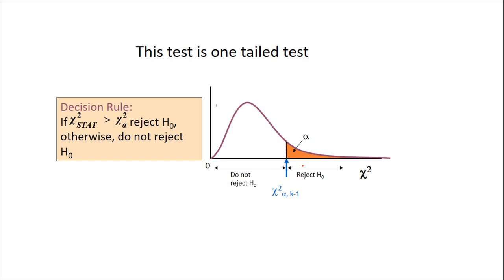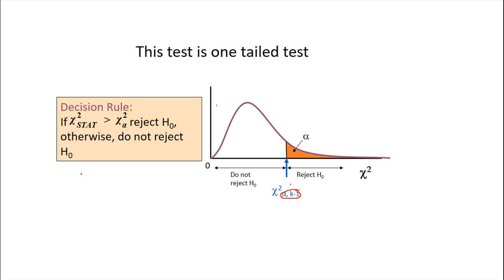This is a one tail test. The chi-square distribution is skewed to the right, and by using alpha, you need two important points here to find the critical value, chi-square alpha with k minus 1 degrees of freedom, where k is the number of categories.